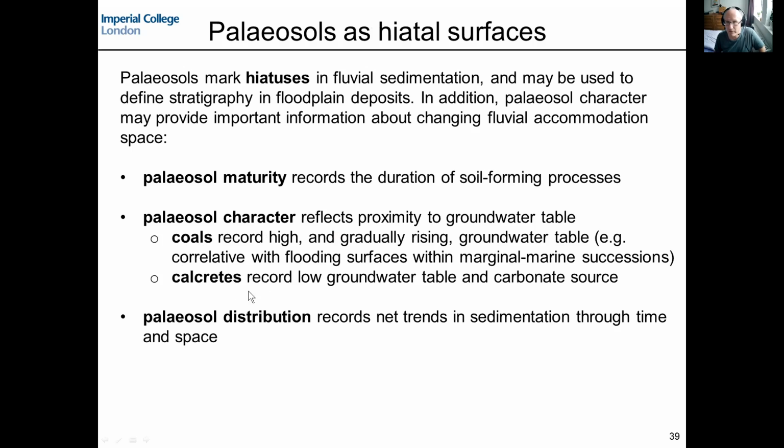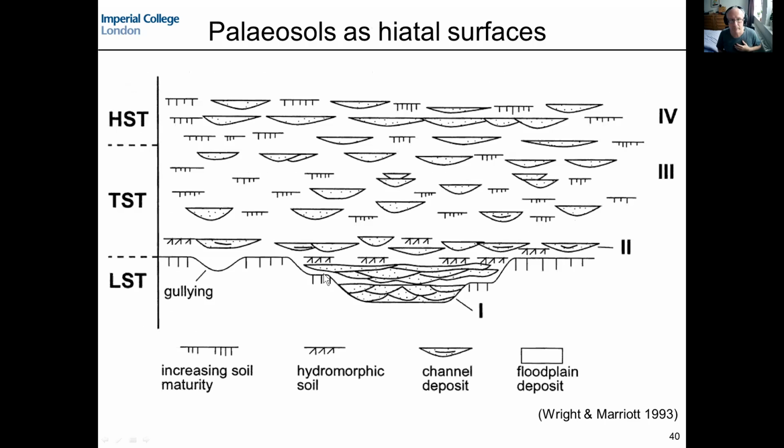We can also get calcareous paleosols or calcretes. Those form when the groundwater is low, typically in arid or semi-arid dry climates. But again, they're also important as potential markers. And paleosols we can use to correlate, and changes in paleosol type also maybe tell us something about the water table conditions through time.